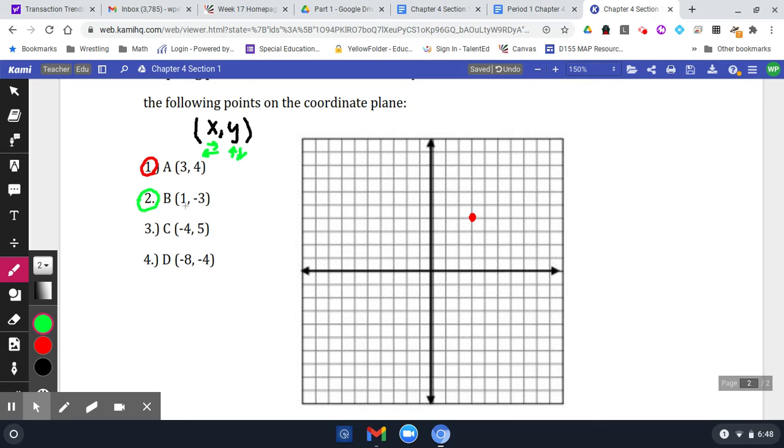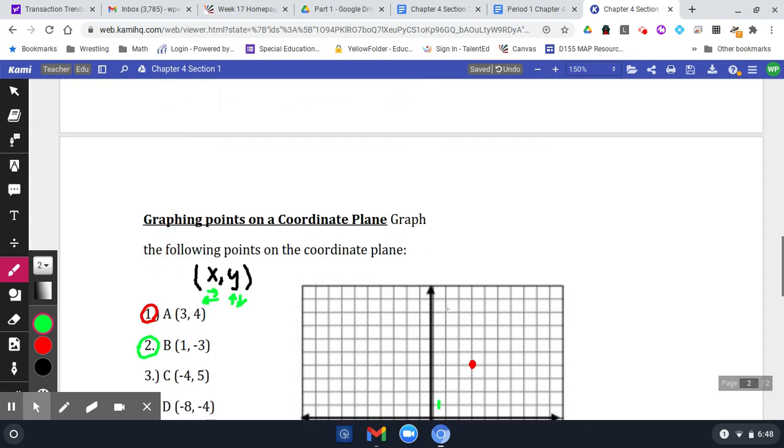So we move to the right one, and then you see -3, so that means down 3. 1, 2, 3. And there's our dot. Remember that these are like -1 right here, and this is -1, -2 up here. So down to the left is negatives. Negative, negative, and this is positive and positive.